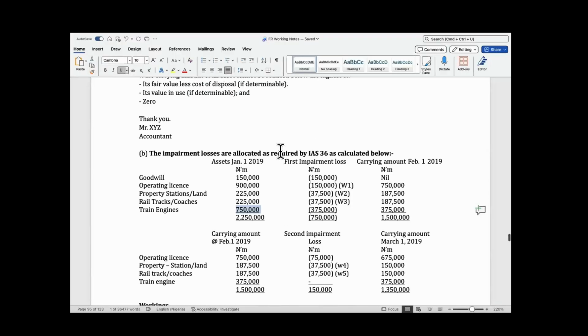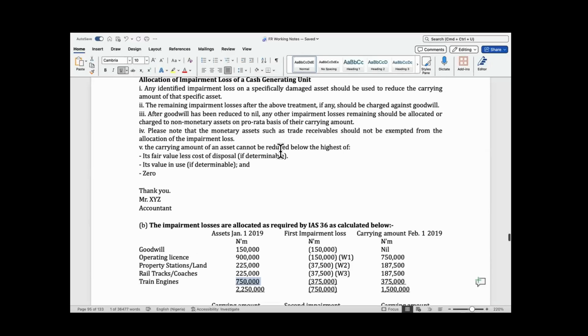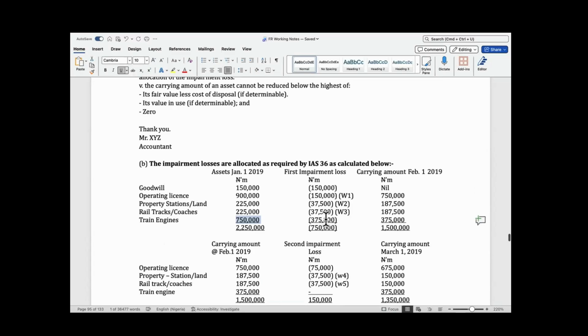Now, after you have allocated to every other asset, you then impair them on a pro rata basis, on a proportionate basis. So we have taken out 375 and 150 out of the 750 impairment loss we have. What's the remaining? Who can tell me what will be the remaining impairment loss to share among the remaining assets?